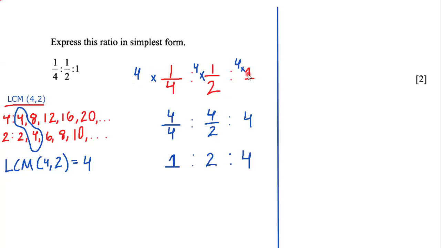And 4 times 1 is still 4. So that means that we have 4 over 4, 4 over 2, 4. But we still could simplify this more, right? 4 over 4 is going to give us 1. 4 over 2 is 4 divided by 2, because the fraction bar means division. 4 divided by 2 is 2. We just bring down this 4 right there, right?